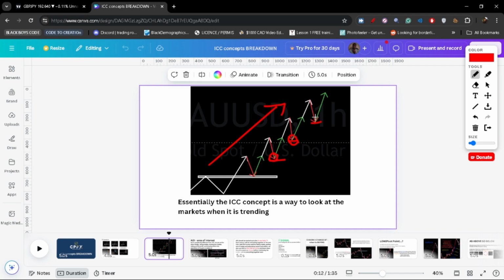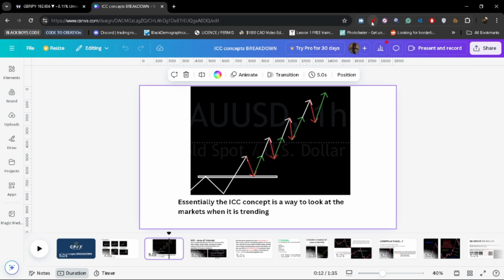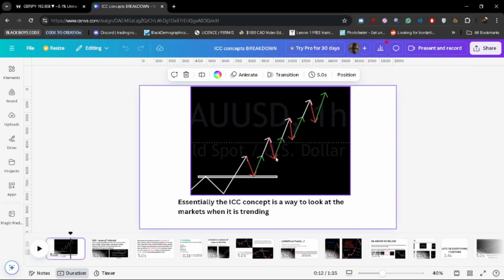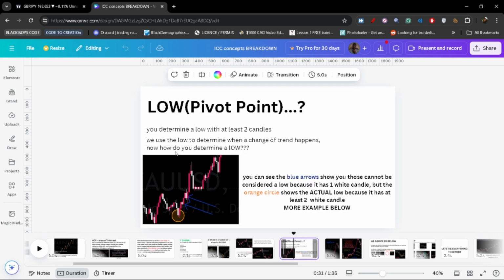So it's your job to understand what this pivot low is, and basically how you figure out this pivot low is by understanding that in order for price to make this pivot low, it needs to have at least 2 sell candles, as you can see here. So these cannot be the low because they have only 1 sell candle. But this right here can be the low because it has at least 2 sell candles.